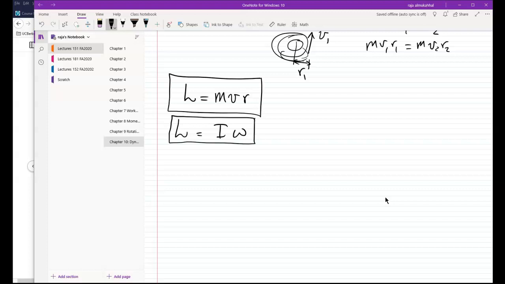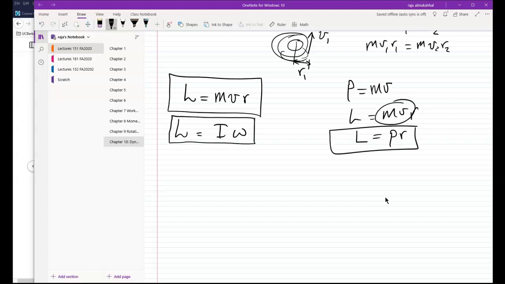And the other version, well, we know that P equals mv, the momentum. Notice that L equals mvr, so you can say L is equal to PR, because mv here is P. This relationship, you want to just keep it in mind. You may need it, you may not, but those are the two important ones, especially the second one here.